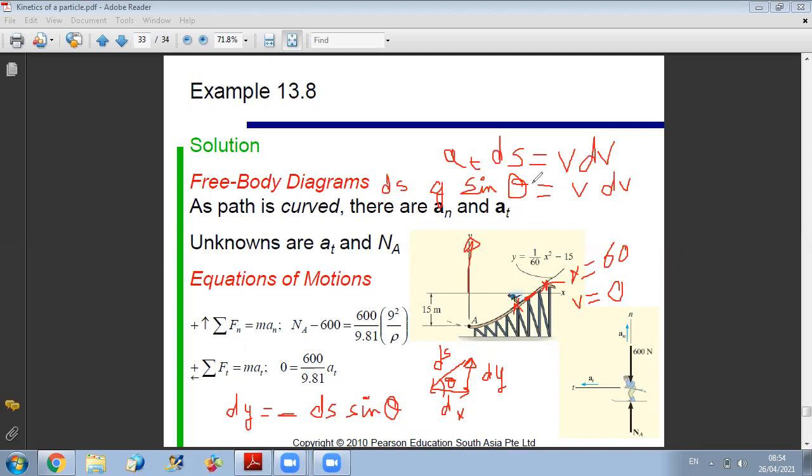And if you look at your expression, you have ds sine theta here. You have that ds times g sine theta equals VdV. So now, if you just replace ds sine theta by minus dy, what do you get? You will get minus g dy equals VdV. And now you can perform your integration between any two locations, since you know your one boundary condition. So at x equals 60, you can get y easily.